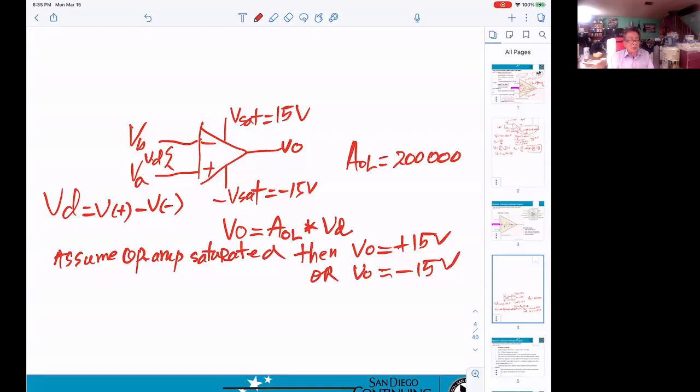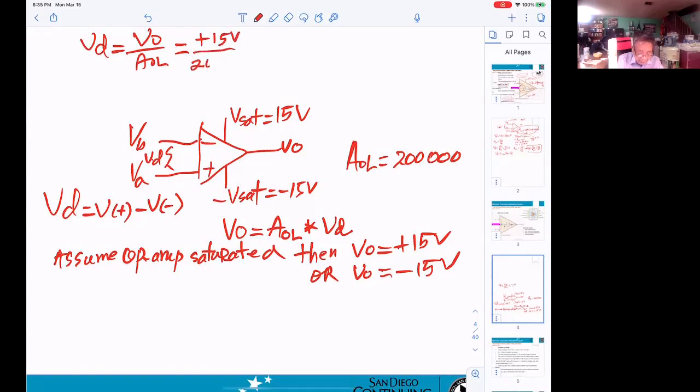Then we want to know what the VD is supposed to be. Okay, we already know V out equal AOL times VD. Then VD will be equal V out divide AOL, right? Okay, so for the first, they saturate 15 volt.